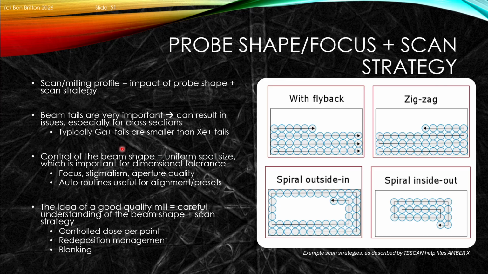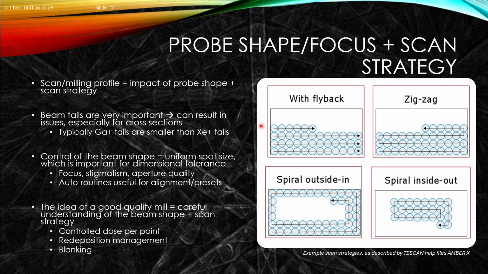And so there's often, prior to doing some significant work, we might align and check our presets for different settings in here. So we'll focus, stigmate, aperture, and improve and check the qualities of this. And in most modern instruments, there are automatic routines to enable this alignment to be done easily. You just effectively put a piece of silicon in and run the alignments. That's what I showed you. Actually, those holes were from an automated alignment set on our Amber X instrument.